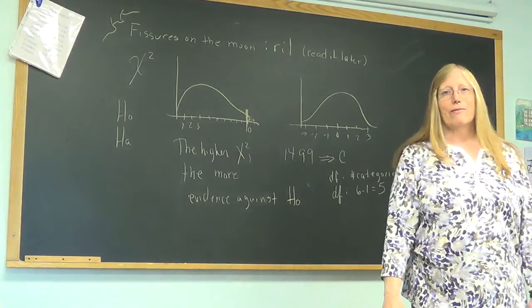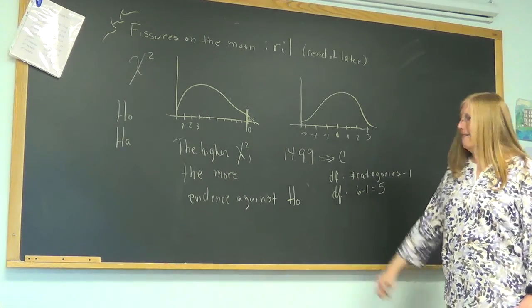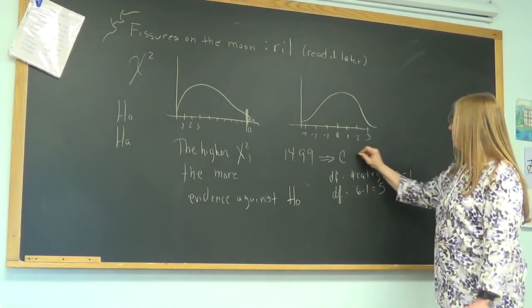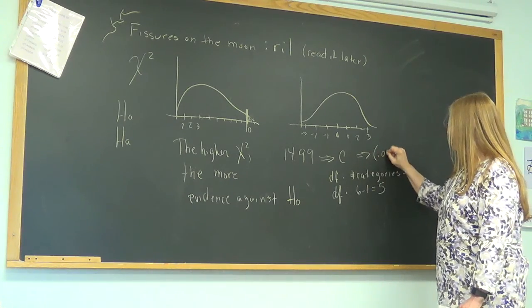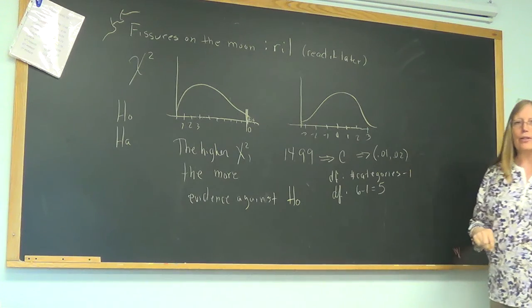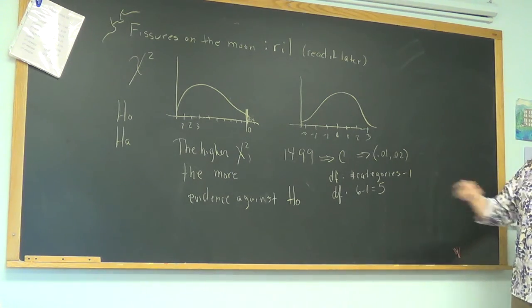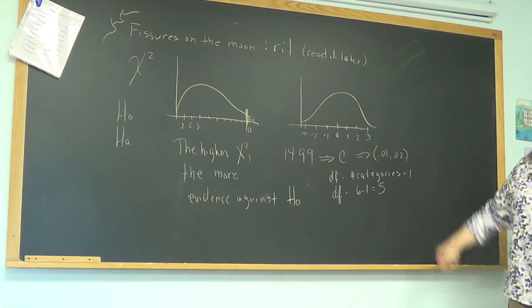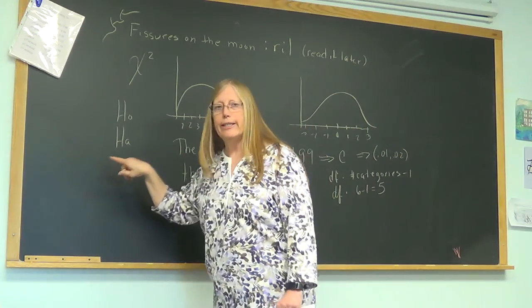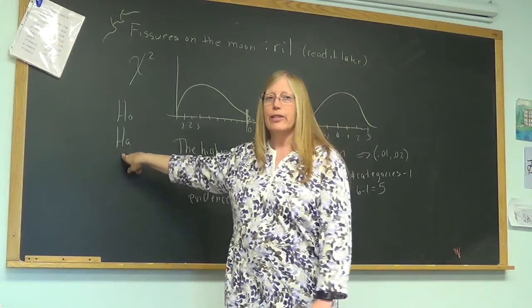And then we looked within the body of the chart for the interval that captured our number. Right. And what was yours? 0.01, comma 0.02. All right. And so when you compared that to alpha, alpha was larger, so this is rare. And that means we are going to reject H sub 0 and say that there's evidence for this.